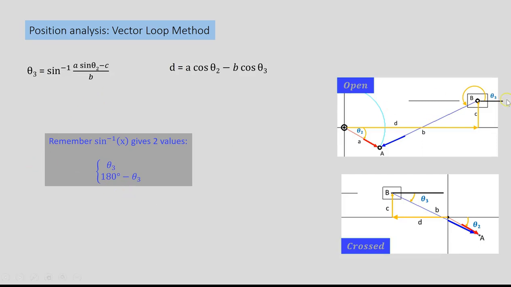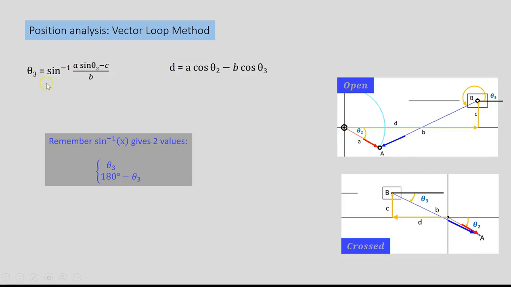So for cross configuration, theta 3 we get directly from the equations, and for open configuration we need to add or subtract the calculated angle from 180 degree or with 180 degree to make it positive x-axis and counterclockwise at the root of the vector.